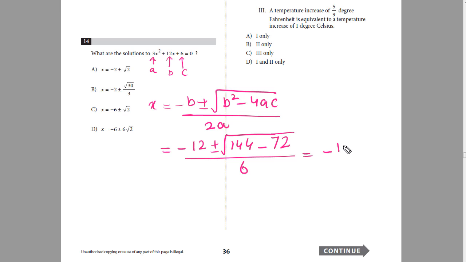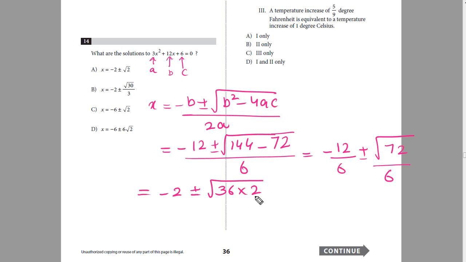So it will be negative 12 over 6 plus minus square root of, now 144 minus 72, it is 72, over 6. So negative 12 over 6 will be equal to negative 2 plus minus. Now in order to solve the square root of 72, I'll break down 72 as 36 times 2, over 6.